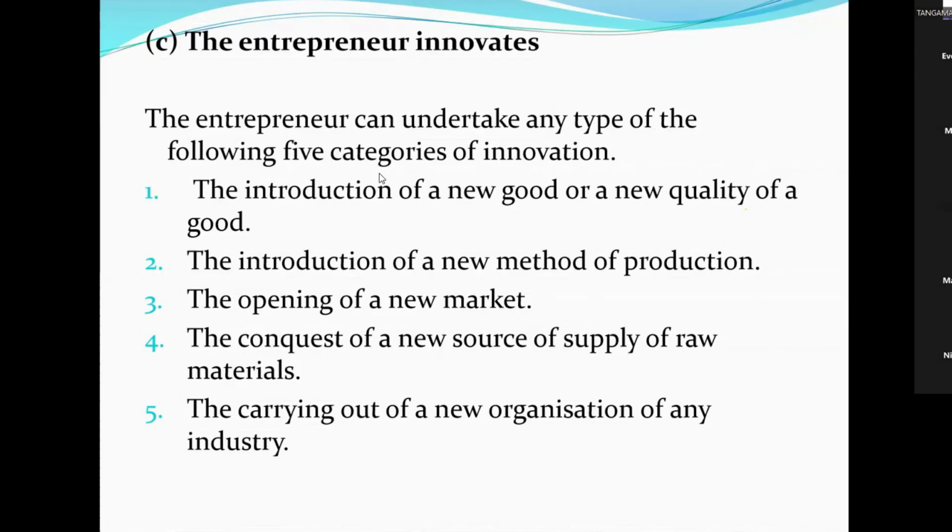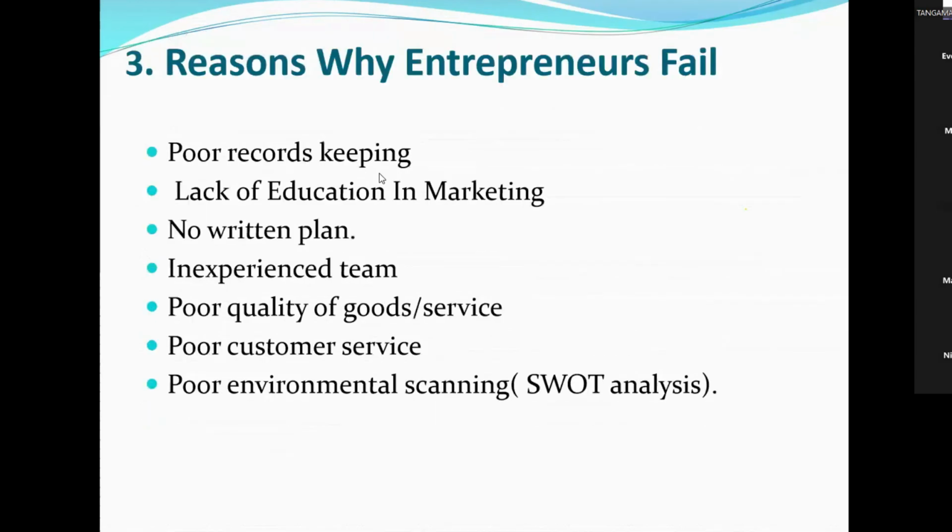Entrepreneurs fail because we have poor record keeping, lack of education in marketing and businesses. They don't have a written plan. They may have staff who are inexperienced.